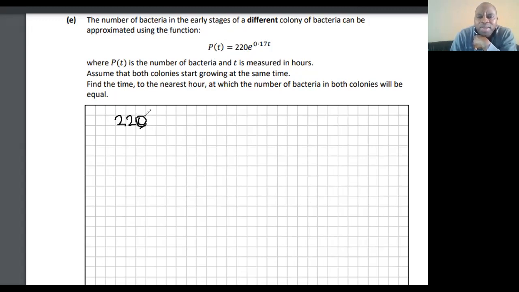Just like this pandemic, the rate at which the coronavirus is growing in different countries is different. So a colony could be like different country states. In a particular state or country or environment, this is the rate at which the bacteria is growing.